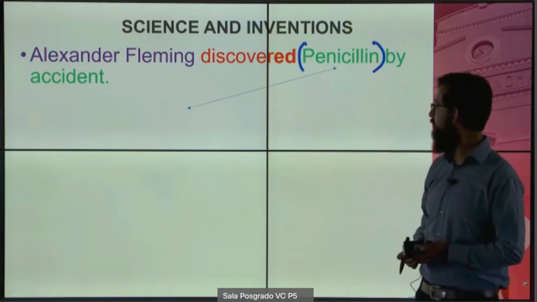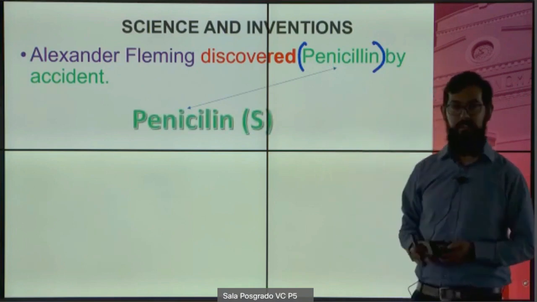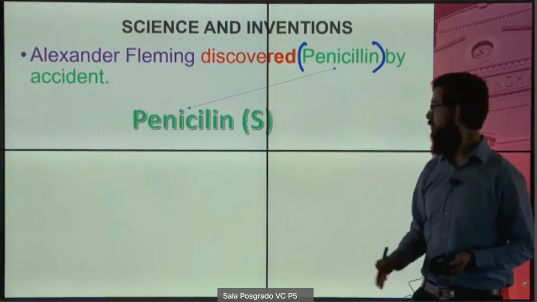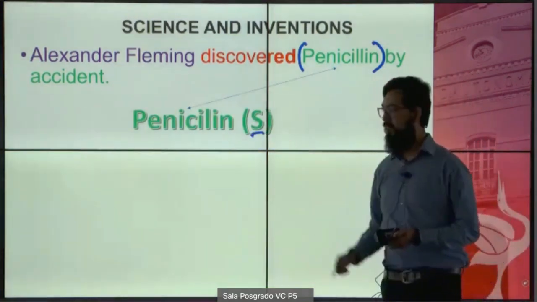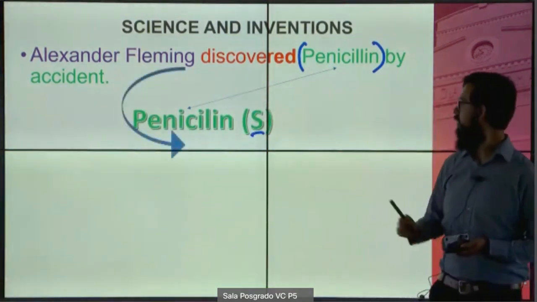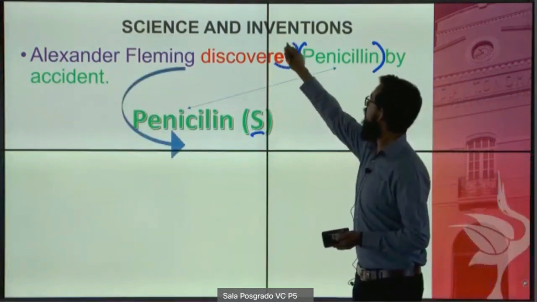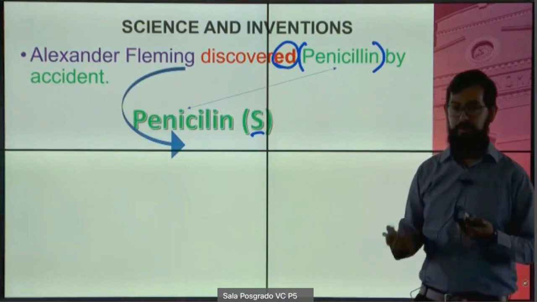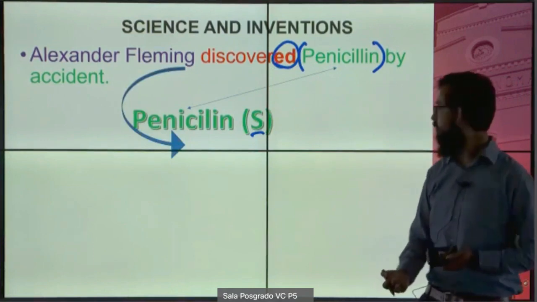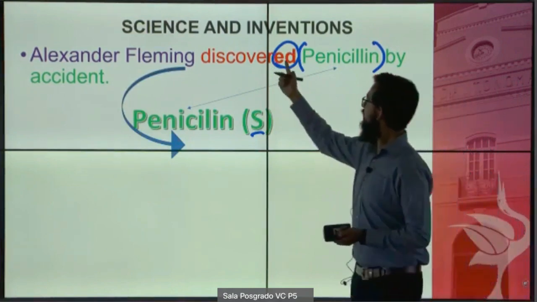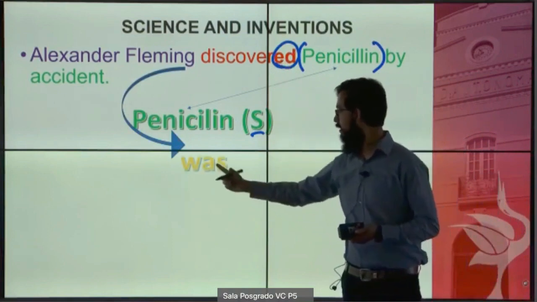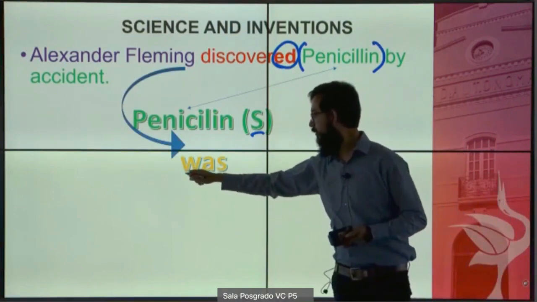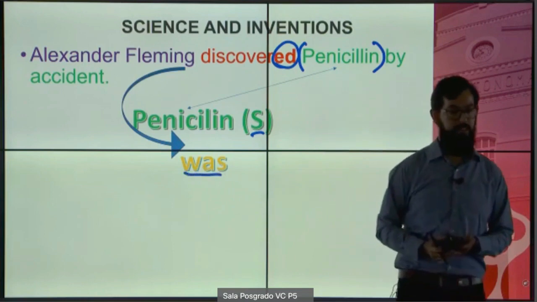So penicillin, okay? Singular or plural? Singular. Okay? Discovered. What is discovered? It's a verb in past, right? So, this is a verb in past and we need be in past. The verb to be in past. Okay?